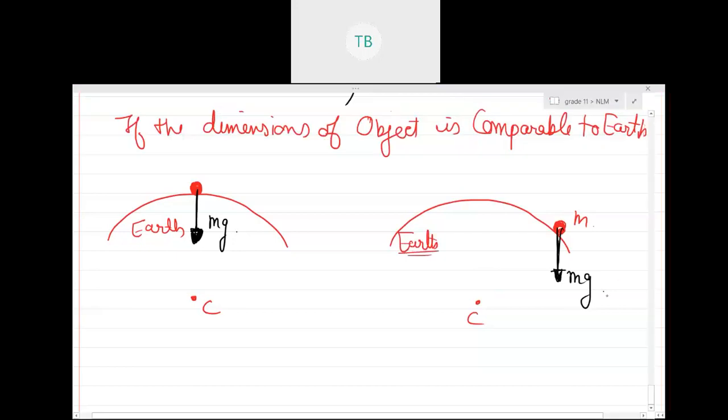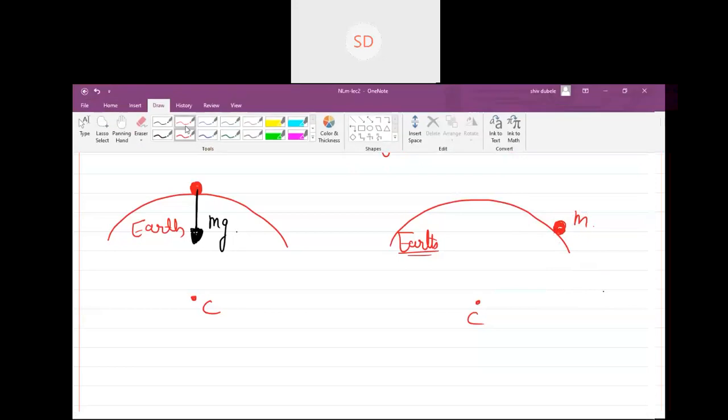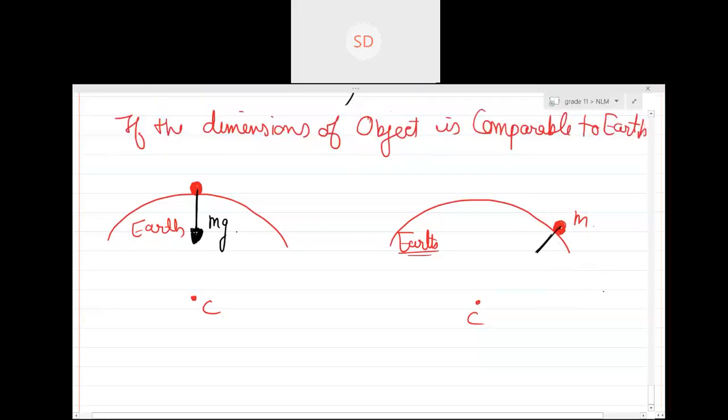No, mg will not be towards the east. It will be towards the center always. So if the dimensions of the object are comparable to Earth, it will be towards the center of Earth. Draw it carefully. The only thing in this chapter is to draw the forces correctly. If you can draw the forces correctly, then automatically your answer will come out correct. Okay?